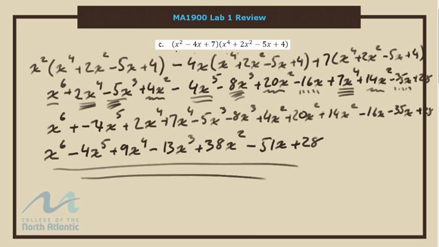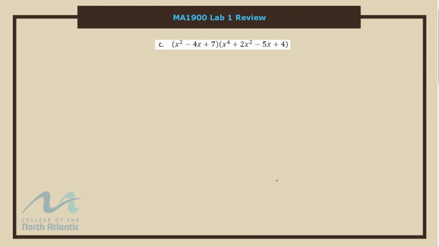So now, as we take a look at D, D is going to work the same way. You notice that it's again a really big expression, a lot of variables in there, but we're going to approach it the exact same way as we did last time.